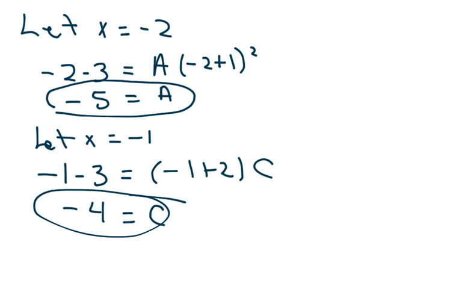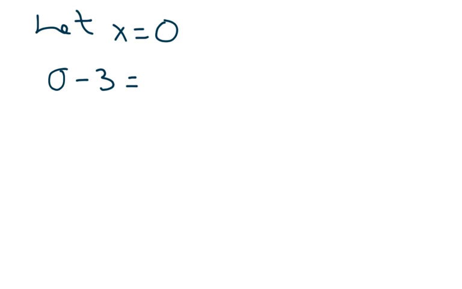So we have that. Now let's let x be 0, and that's going to clear everything out but B. So we let x be 0. So that's going to give you 0 minus 3 equals, no, it's not going to clear anything out, so we're going to have to write it out.